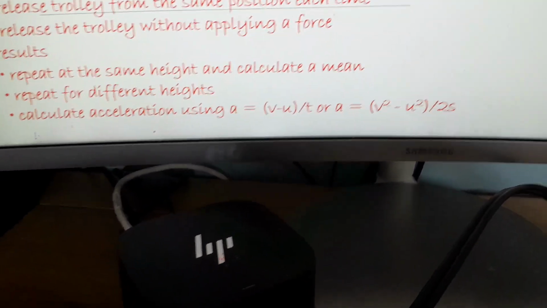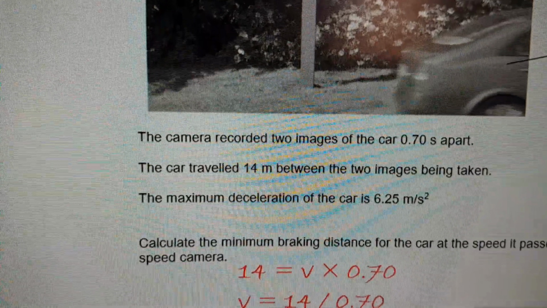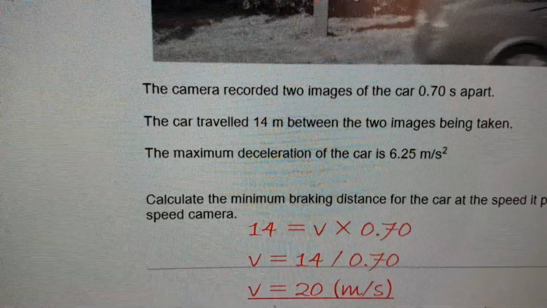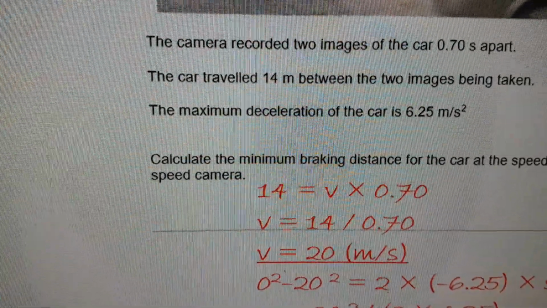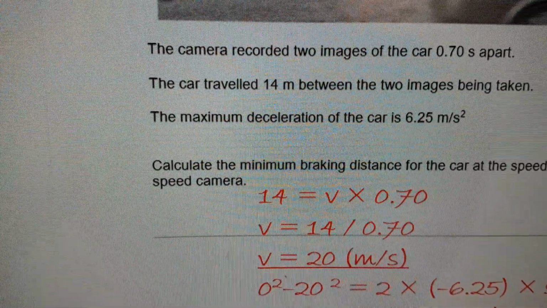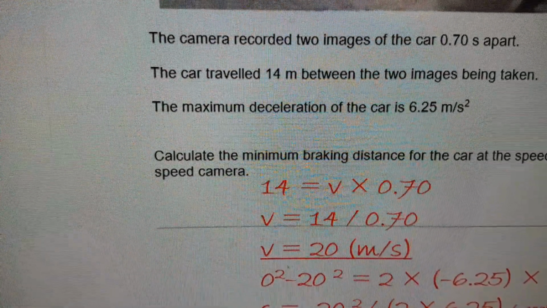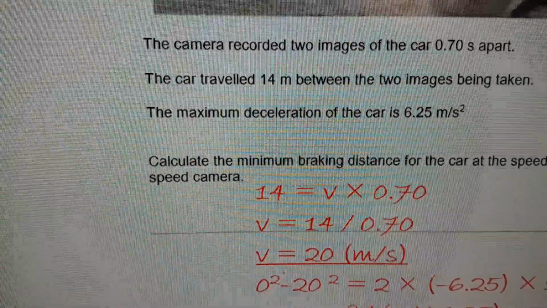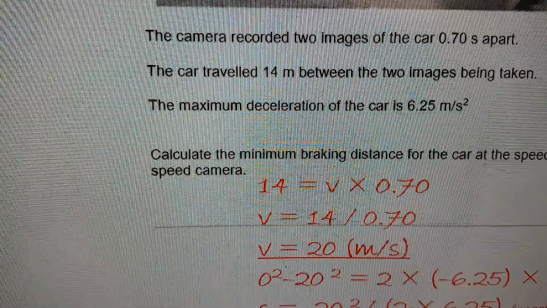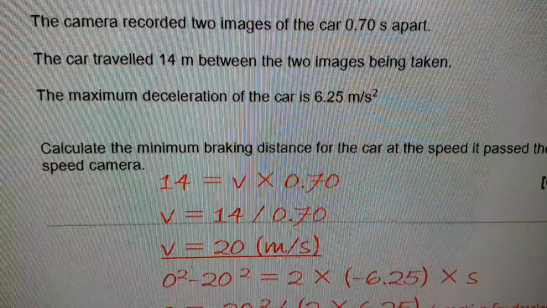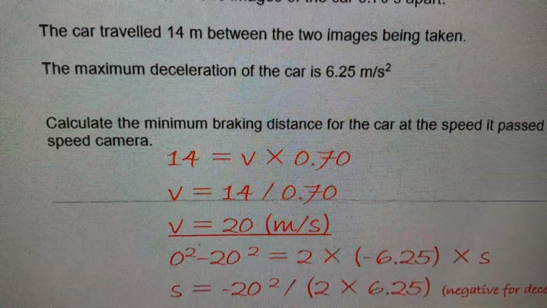So here we go. We started off by calculating our speed at 20 metres per second. As we are going to stop, our end speed is going to be 0. So v squared minus u squared is 0 squared minus 20 squared, which is equal to 2as, which is 2 times minus 6.25 times s.